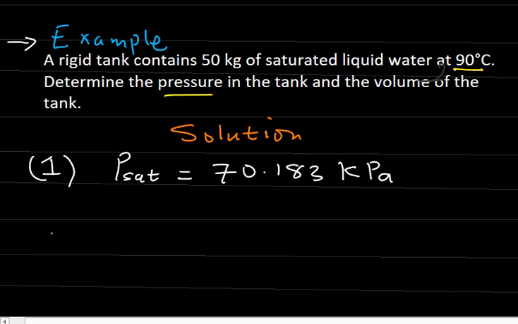Then number 2, we are being asked to calculate the volume of the tank. The volume of the tank is the total volume. We are going to read the specific volume from the property table. Mind you, specific volume is given as total volume per unit mass.